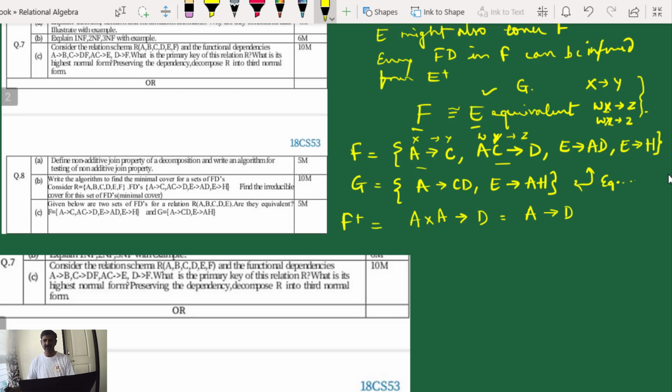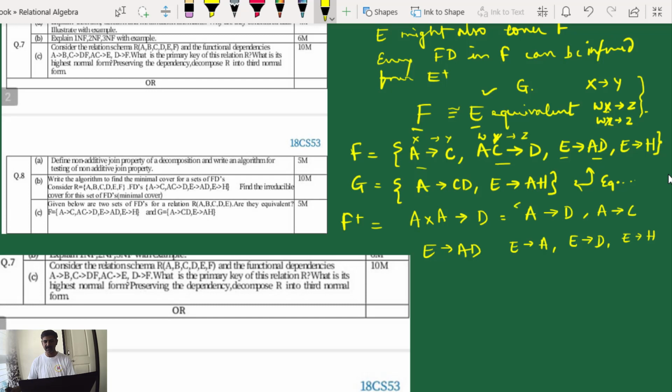Now using the decomposition rule we can write E arrow AD as E arrow A and E arrow D. Of course we have E arrow H, and initially we had A arrow C also.